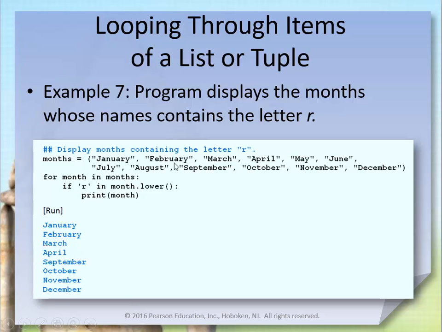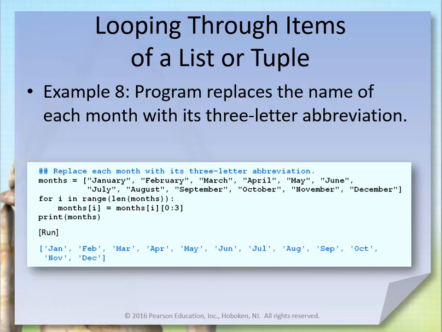In other words, it'll go through the entire tuple one at a time until it's done. So very simple, short, concise syntax to loop through this tuple and act upon the data, I should say. You're not actually manipulating it. And of course it prints out those months that have an R in them.